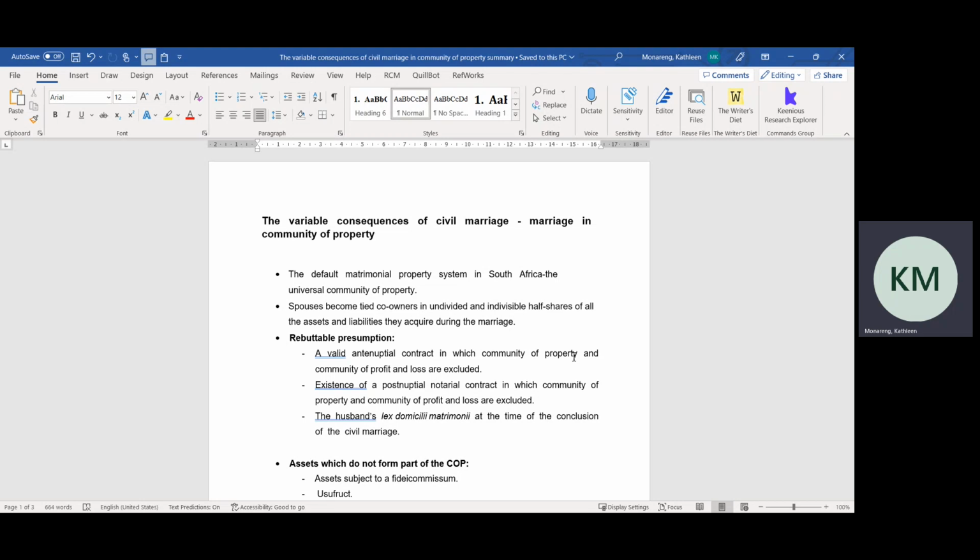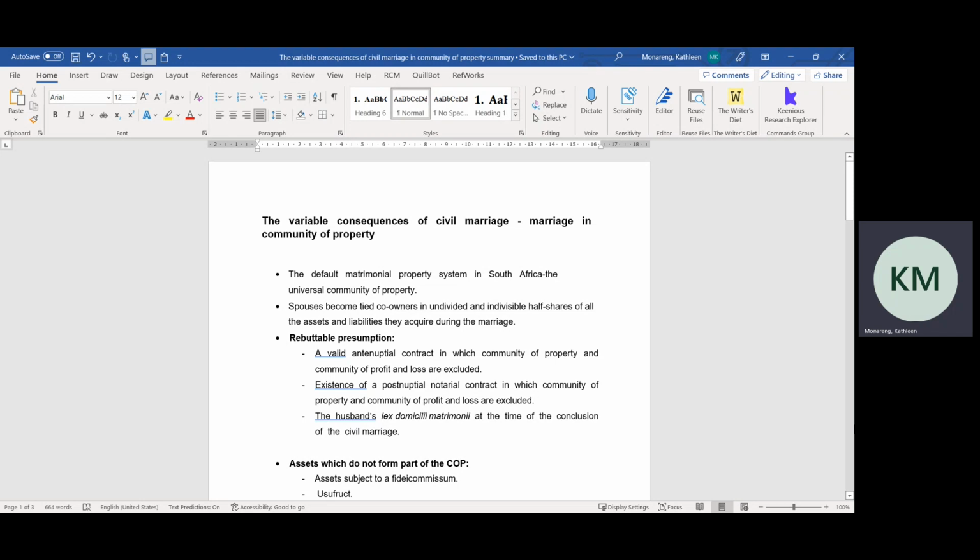if at the time of entering into the civil marriage, the husband was not domiciled in South Africa. In other words, although the husband was living in South Africa, the husband's nationality was not South African. Let's say, for example, it was Nigeria or Zimbabwe, where the default matrimonial property system is out of community of property.